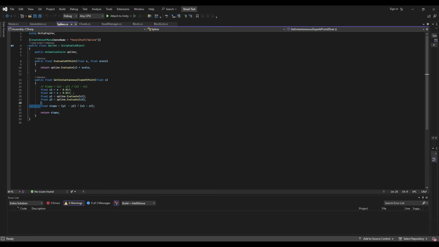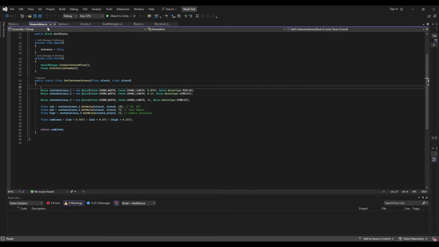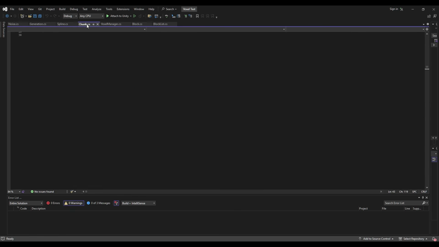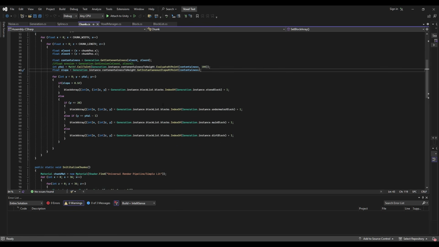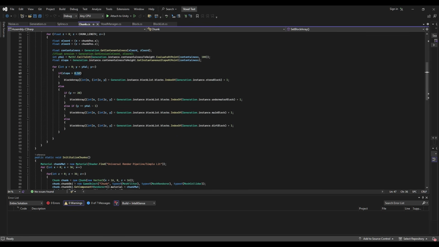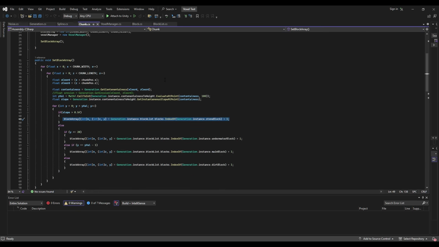And then we calculate the slope. And then when we actually generate and fill in our blocks, if our slope is above 0.5, then we make our blocks stone. So steeper values get stone blocks, which is how mountains are made of stone.